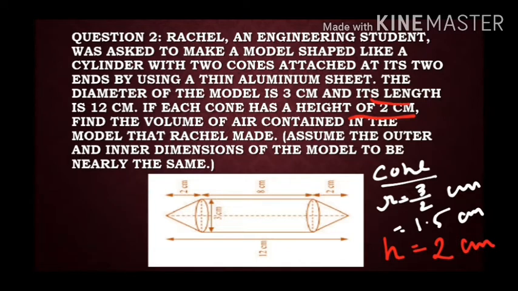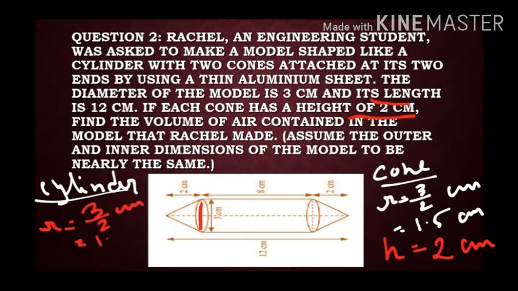Now we will discuss the cylinder. For the cylinder, as you can see, the diameter of the base is equal to the diameter of the cone, that is, radius will be 3 by 2 centimeter, which is equal to 1.5 centimeter.